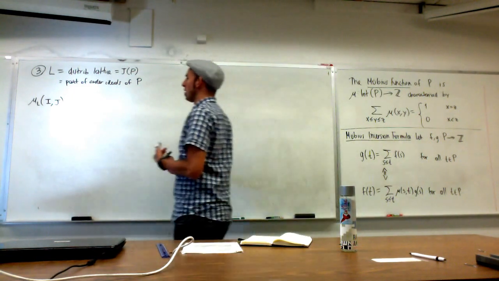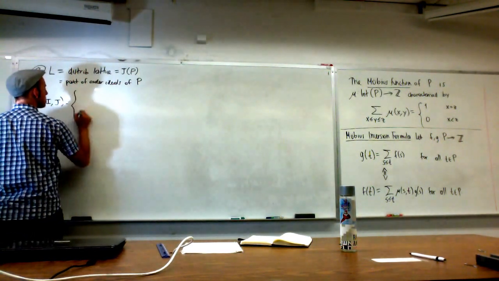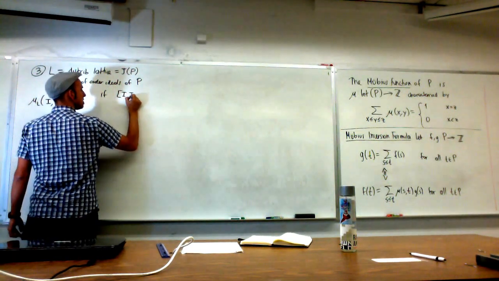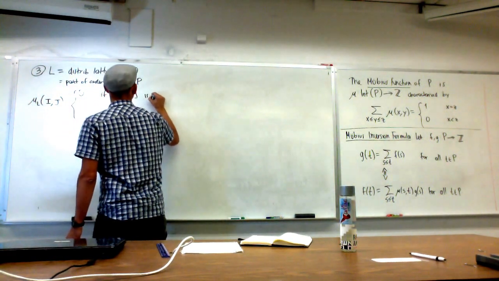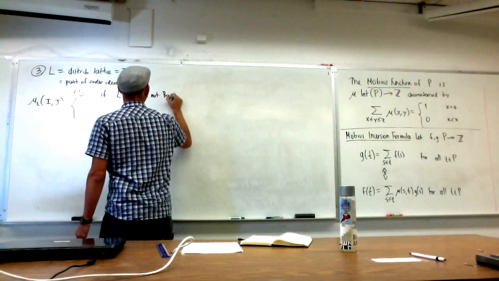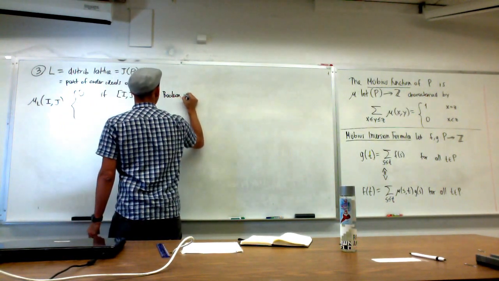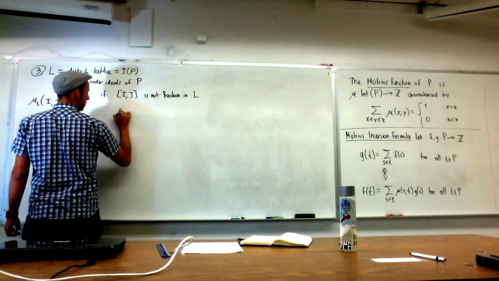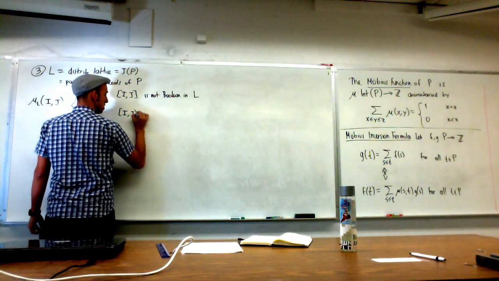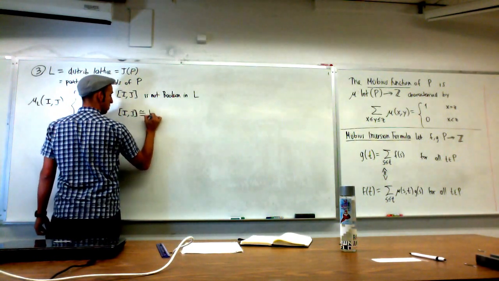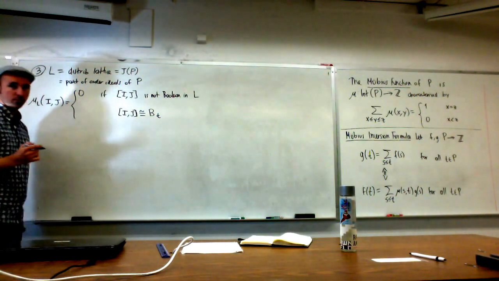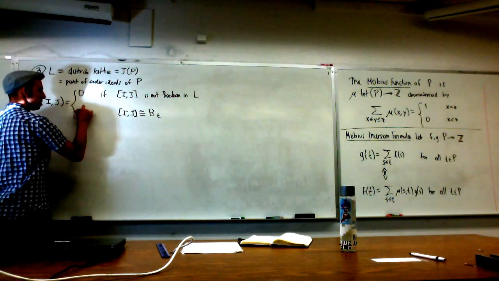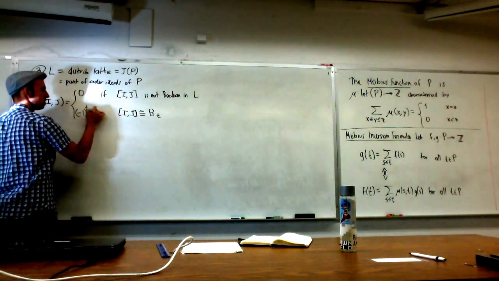Okay? So it turns out that this is 0 if the interval from I to J is not Boolean, and it's equal to -1 to the t if your interval is Boolean, like this, because we know the Moebius function of a Boolean lattice, right?